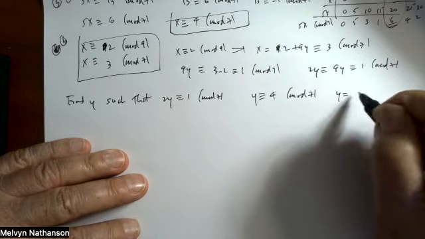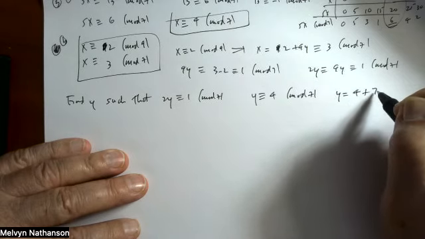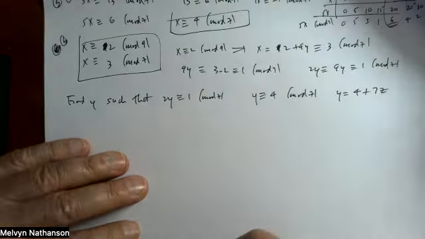That is, y is any number of the form 4 plus 7 times z. And the number we're looking for, x, is a number 2 plus 9 times y. So that's 2 plus 9, and y is 4 plus 7z.